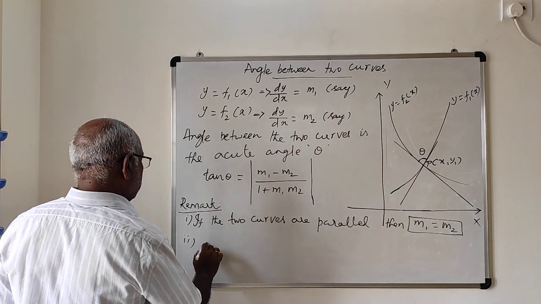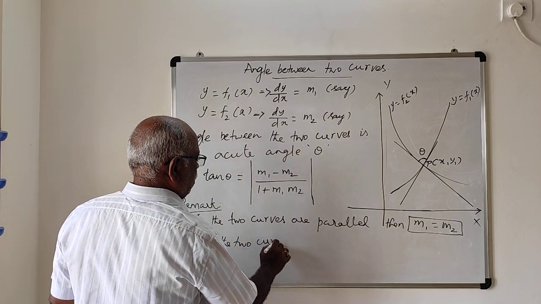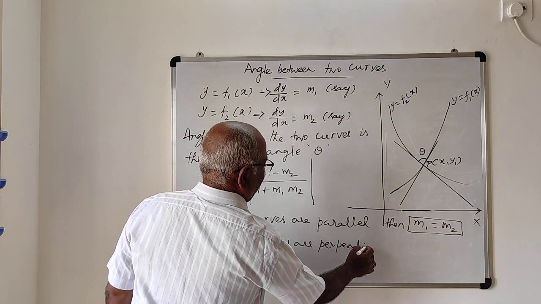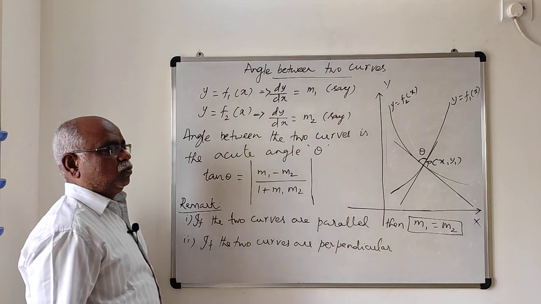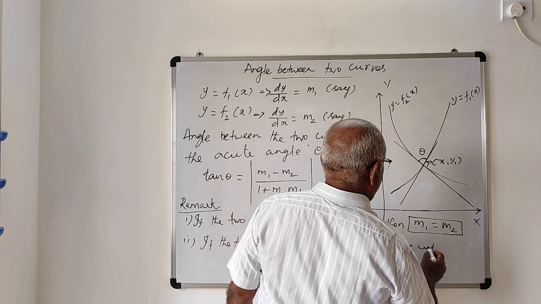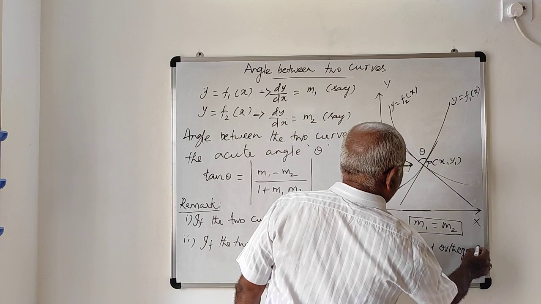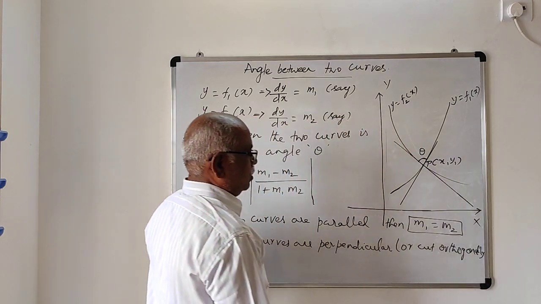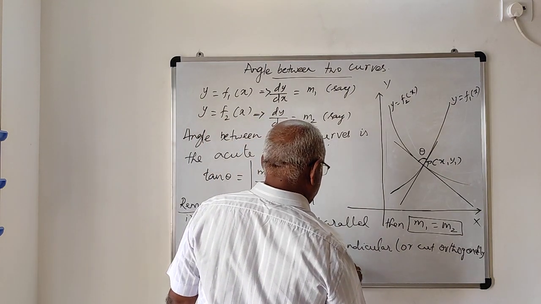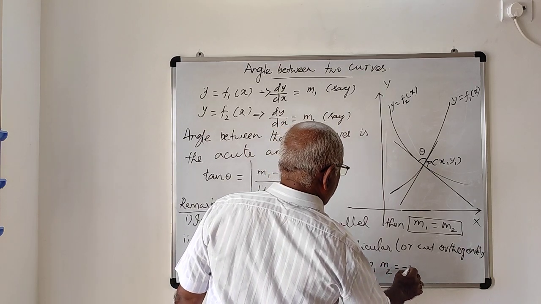If the two curves are perpendicular or cut orthogonally, then the product of the slopes, m1 into m2, equals minus 1.